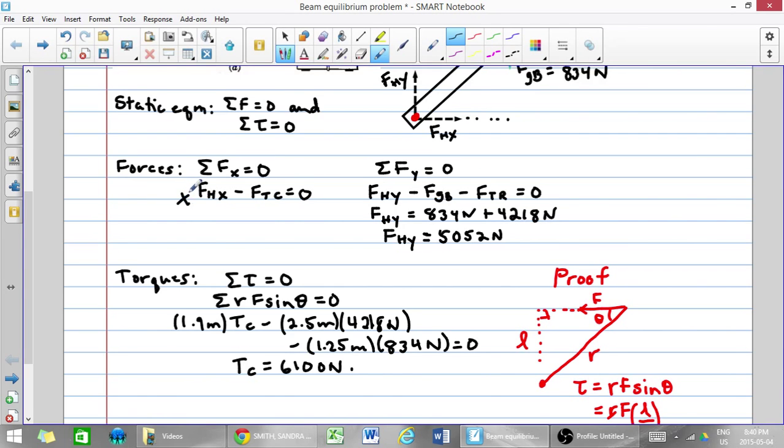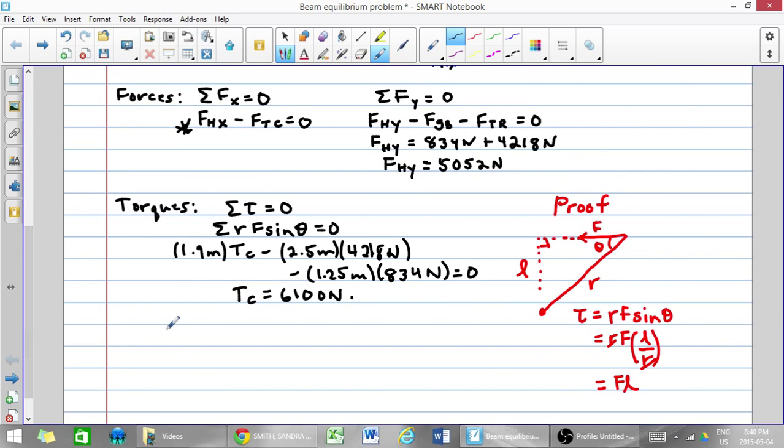Now going back to this, I see I've changed my notation for the tension. Then your X component of the hinge force is also going to be equal to 6,100 newtons.